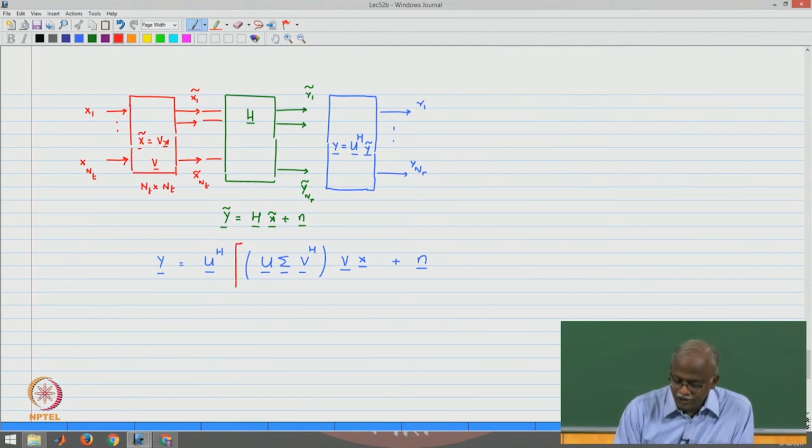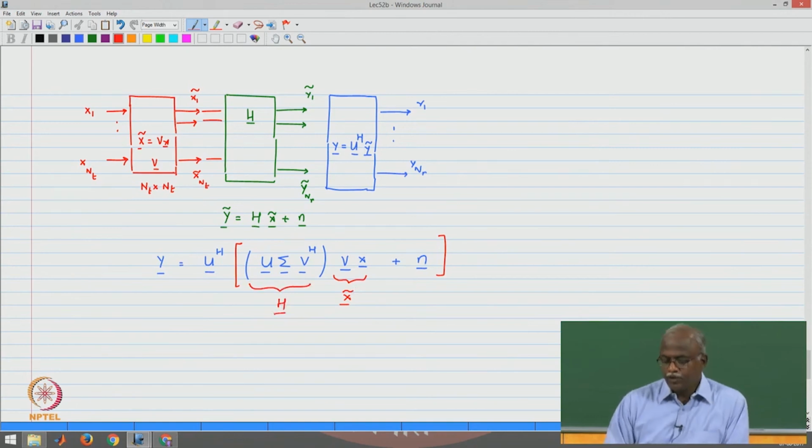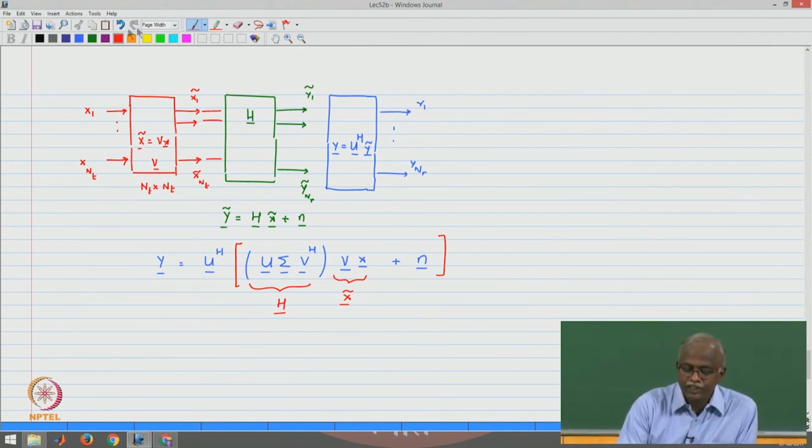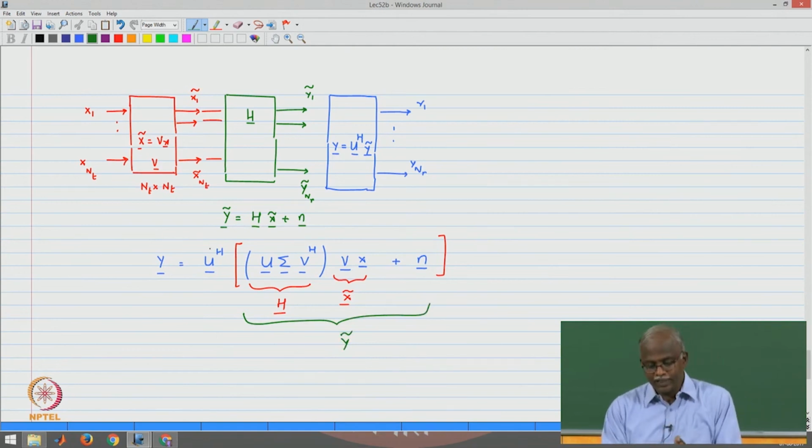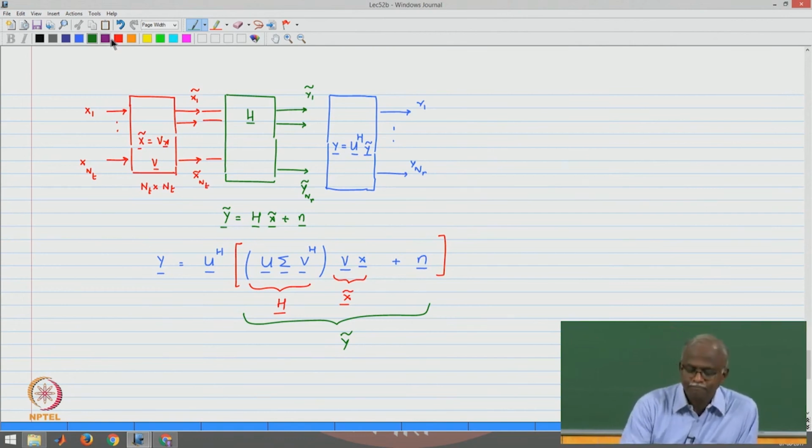So, this is the post processing step, this is the pre-processing one. So, this becomes the pre-coding X tilde, this is my channel H. So, X tilde passing through the channel H produces the output Y tilde, and then you do a post processing at the receiver which is U Hermitian times Y tilde.